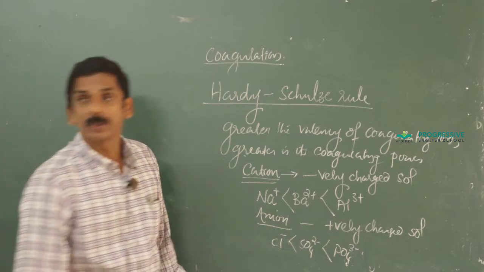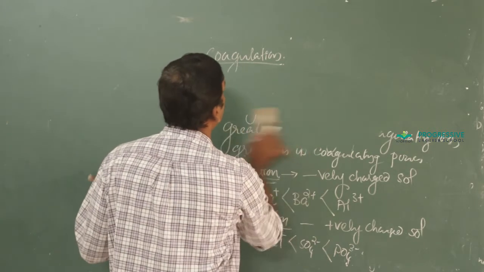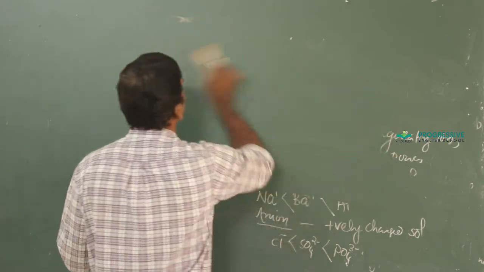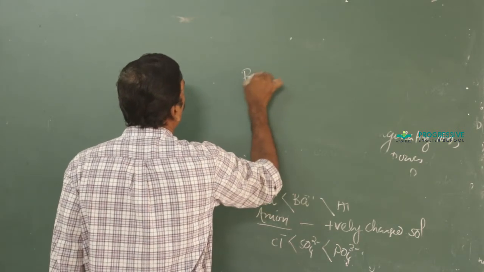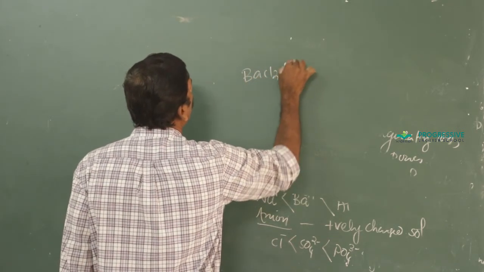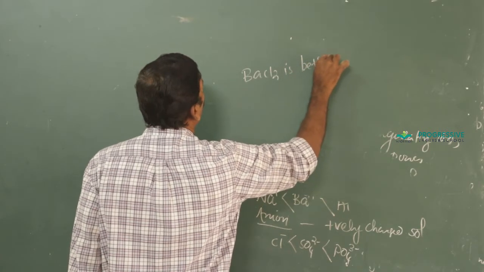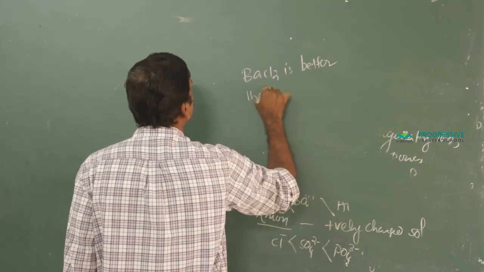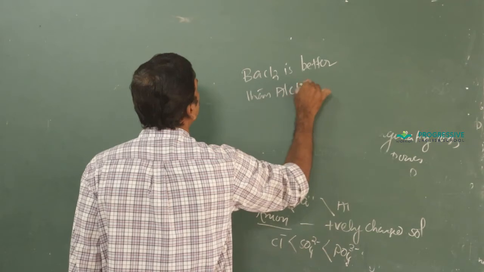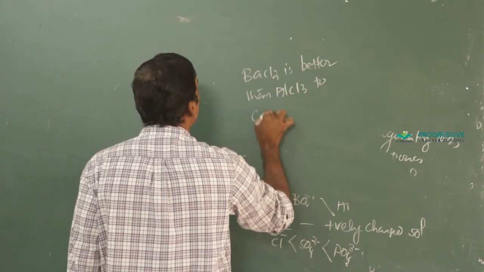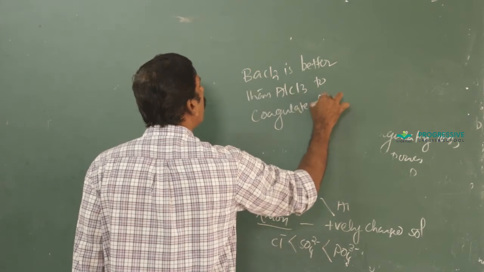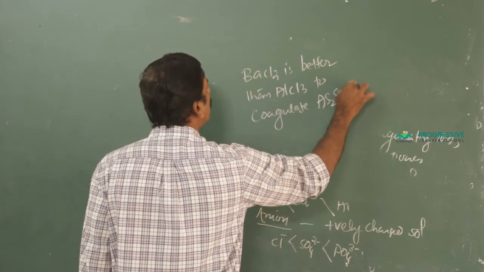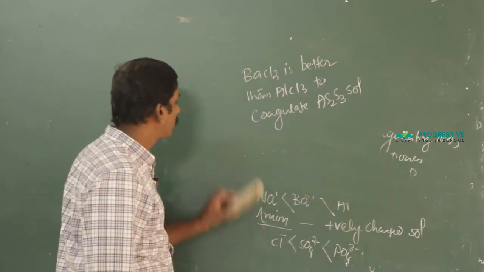By this question, you can really understand this concept. BaCl2 is better than AlCl3 to coagulate As2S3 sol, arsenic sulfide sol.